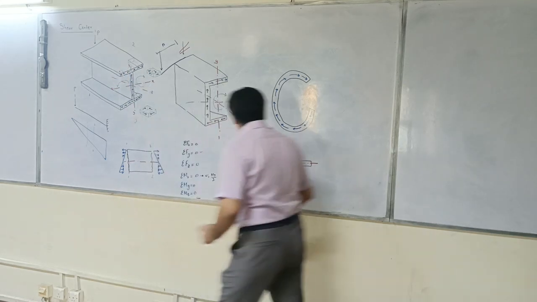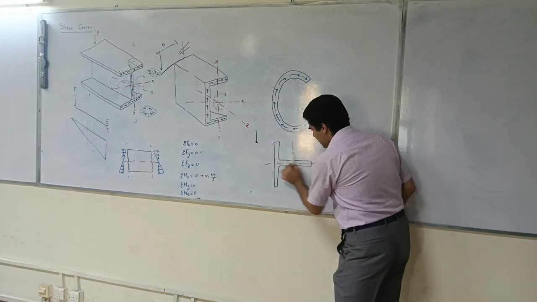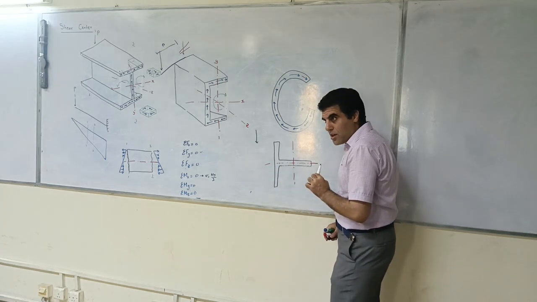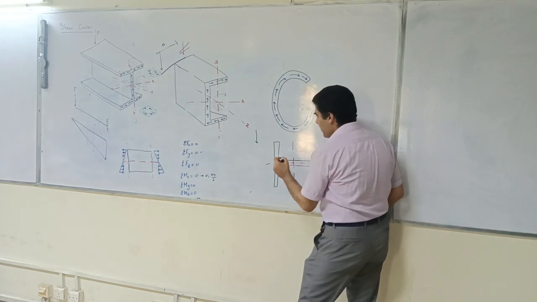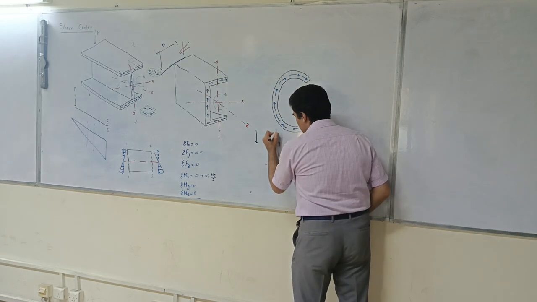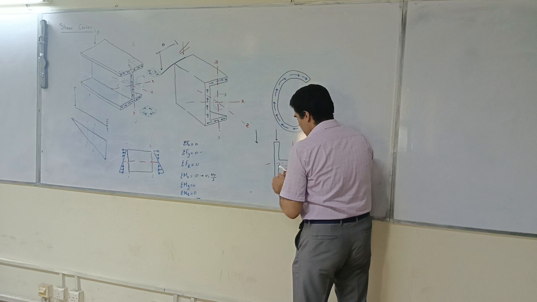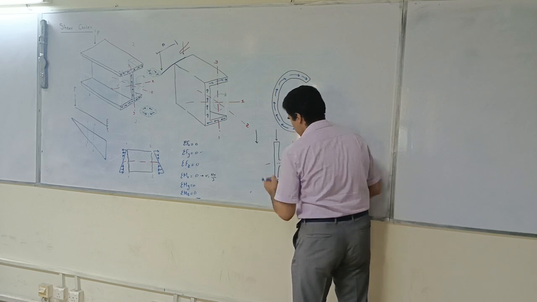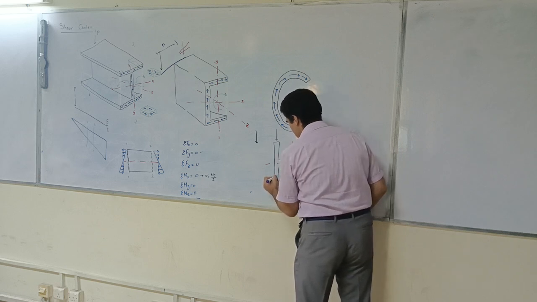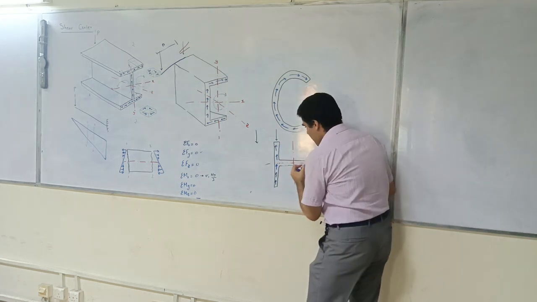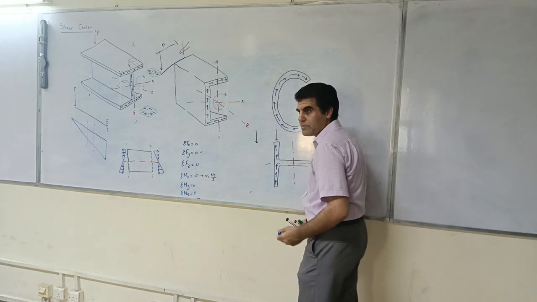Similarly, the percentage of shear taken by this one will be very small. So what will happen is that you will apply the load over here and your shear flow will be simply like this. This won't contribute.